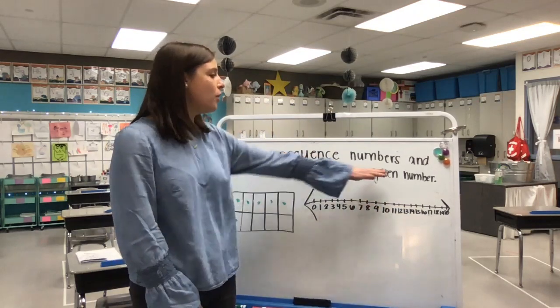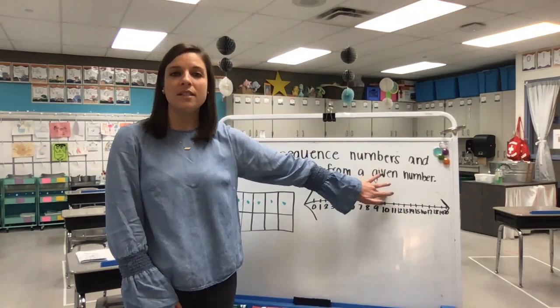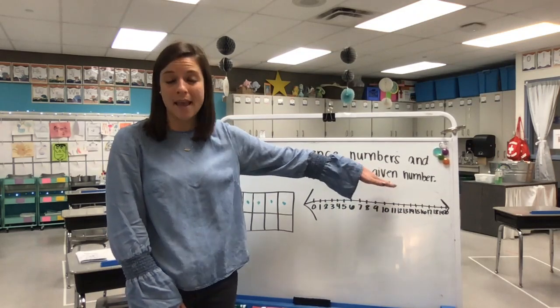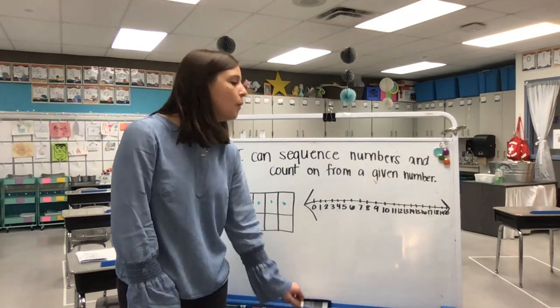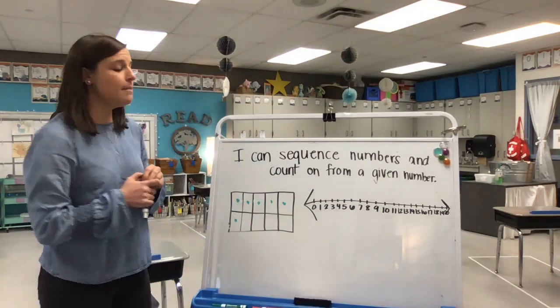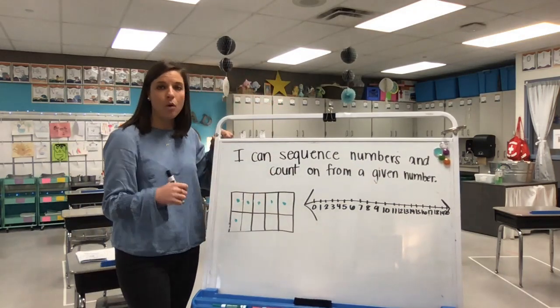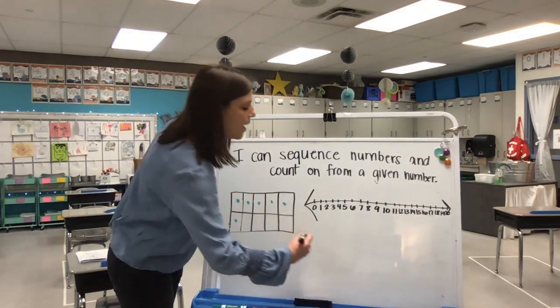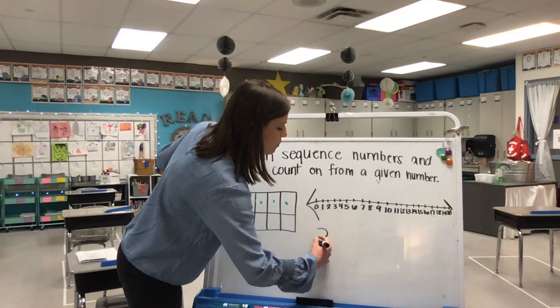Now the other part of our learning target says we can count on from a given number. We've been practicing this some in our class in calendar book, and also in some of our math activities. So when you count on from a given number, that means that you are not starting at 1 or 0. So say you are given the number 3.